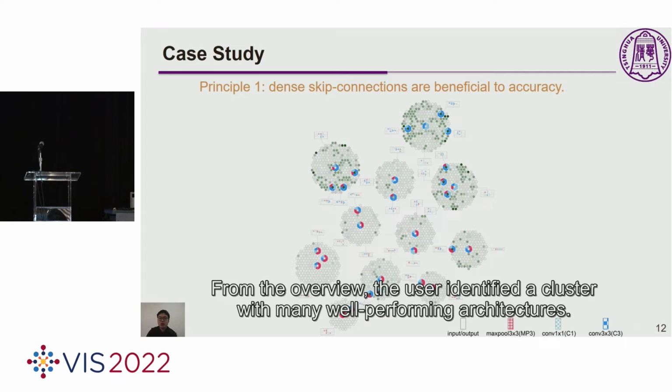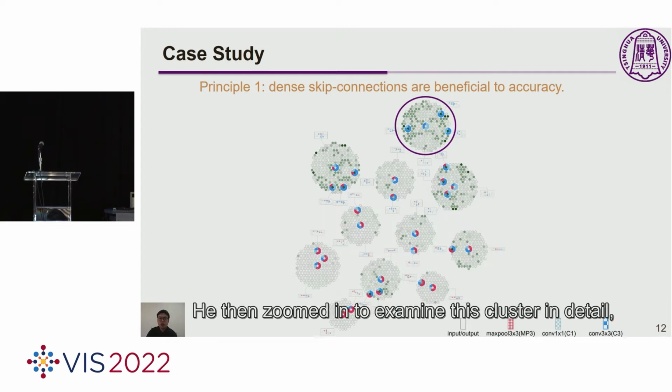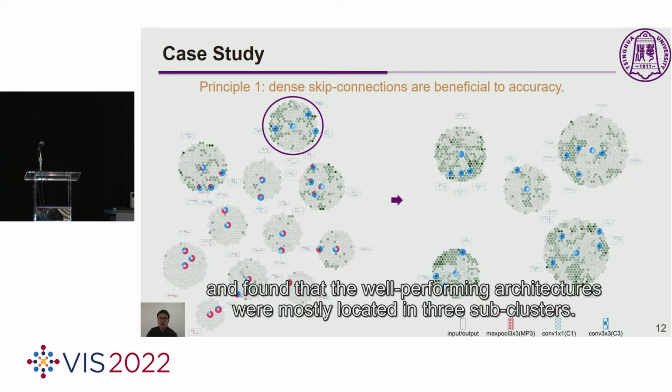From the overview, the user identified a cluster with many well-performing architectures. They only used convolution layers. He then zoomed in to examine this cluster in detail and found that the well-performing architectures were mostly located in 3 subclusters.